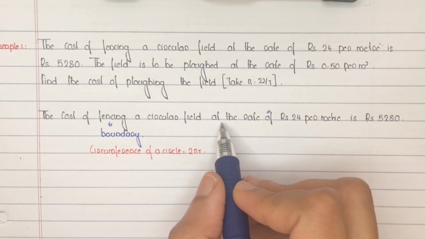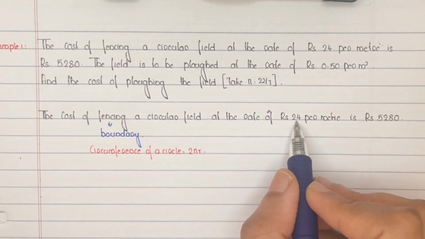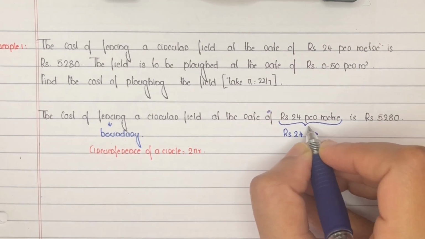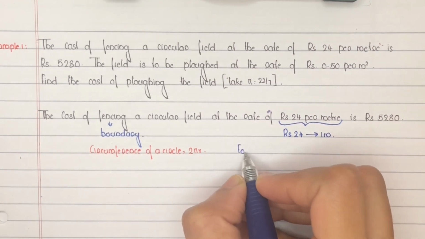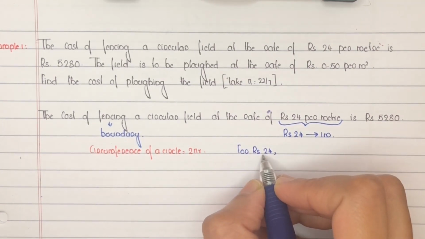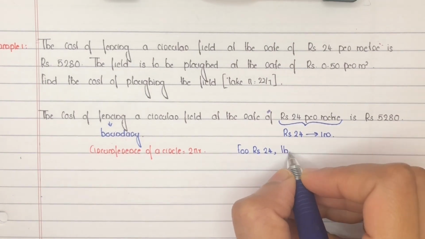Next, at the rate of rupees 24 per meter. 24 per meter means what? Cost is rupees 24 per meter for 1 meter. That is, for rupees 24, the length of fencing is 1 meter.